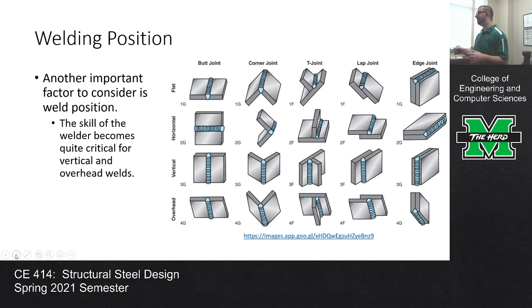So the easiest weld to place is where the piece is laying flat and you're just depositing it like that. Whereas if you place an overhead weld, you've got molten metal going like that. It's kind of difficult to get that weld done correctly. I've placed a couple vertical welds before, and they were tough. It was not easy. I got it to work, but it didn't look pretty. I'll just say that.